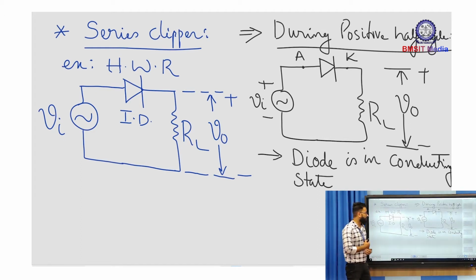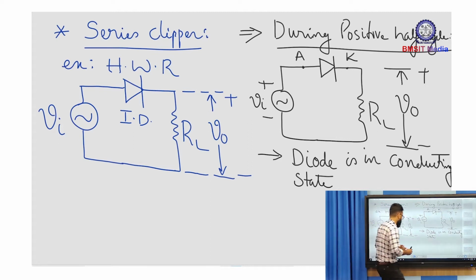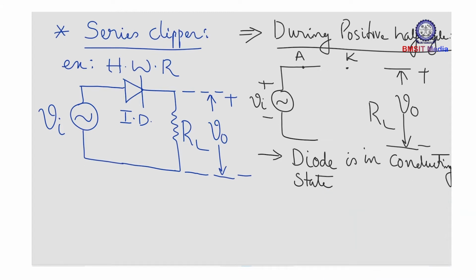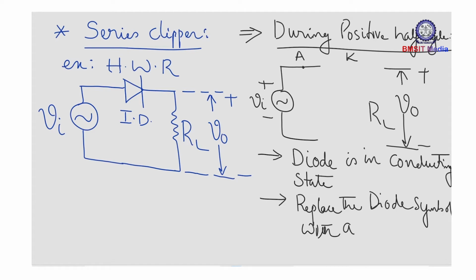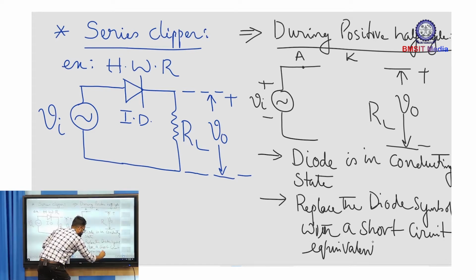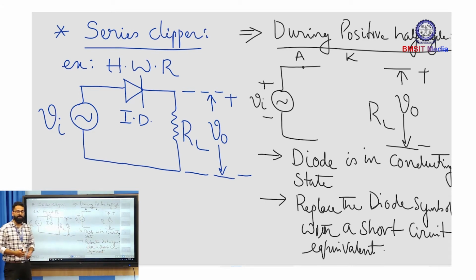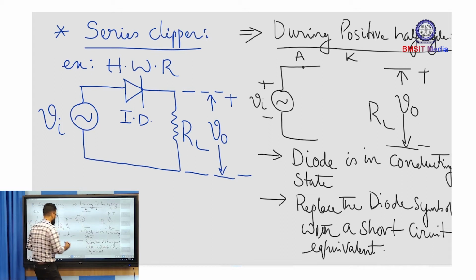When the diode gets into conduction, we can replace the diode symbol with a short circuit equivalent. Conduction means it is kind of short circuit, and open circuit means it is kind of open circuit. So we'll replace the diode with a short circuit equivalent.